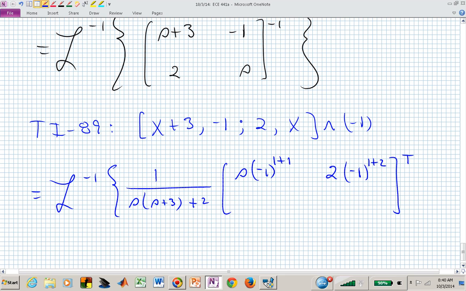Is this making sense? For a 2 by 2, you just interchange the diagonals and negate the off diagonals and you're done, but I'm doing it the long way. Now to obtain this one, I have a minus 1 raised to the 2 plus 1 power. And down here I have, removing the second column and the second row and taking the determinant of what's left, I just have s plus 3, scaled by minus 1 raised to the 2 plus 2.